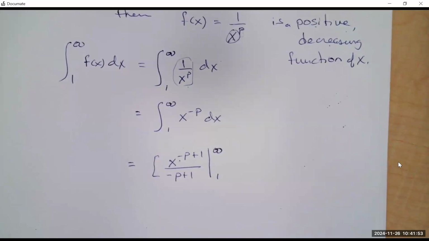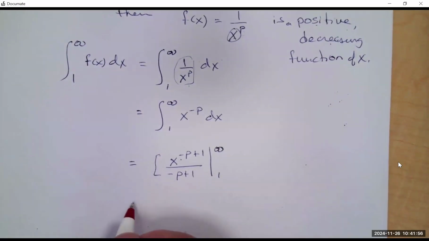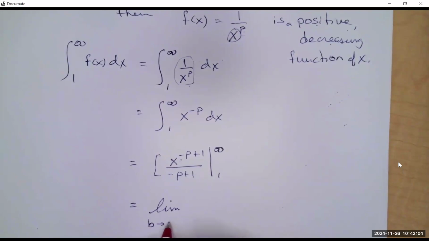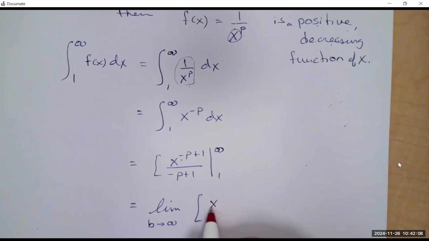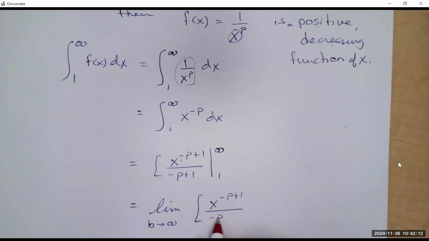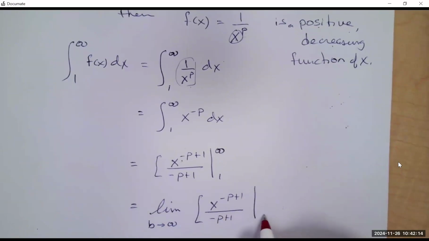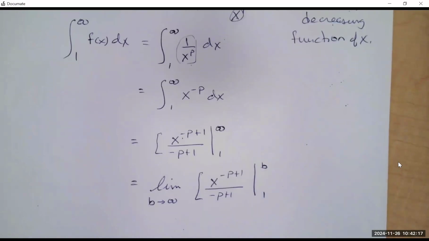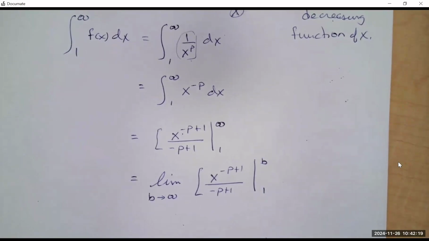But remember, to find the sum using the integrals, we also now have to look at taking the limit as b goes to infinity of our function x to the power negative p plus 1 over negative p plus 1 from 1 to some value b. Why did we do that?